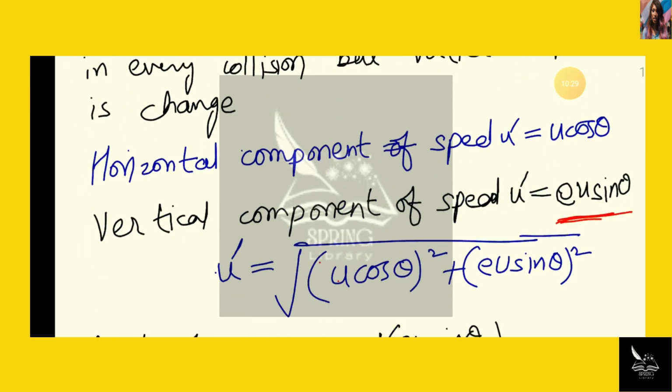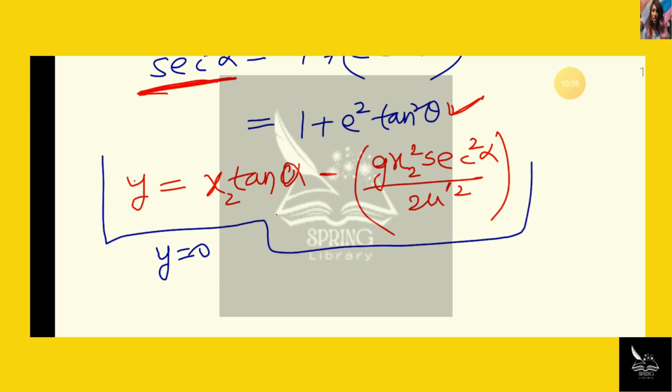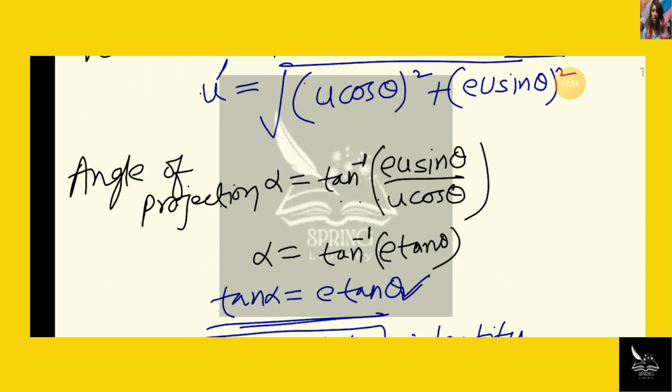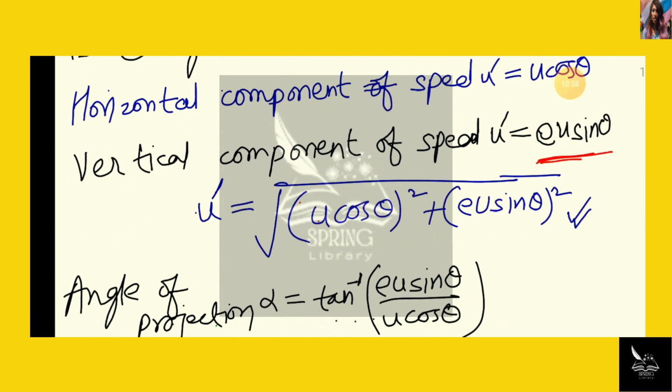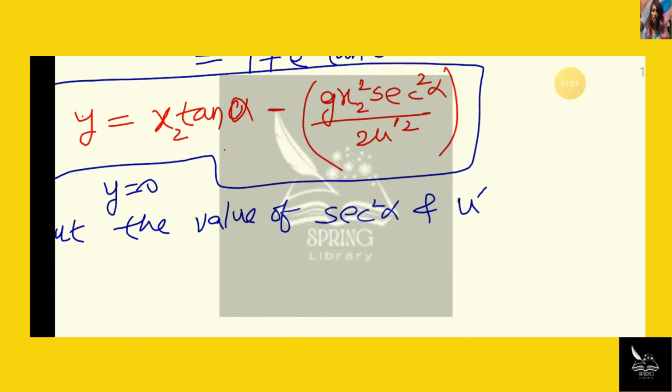So here I am putting the value of y equal to 0 in this equation, and put the value of sec square alpha, and also put the value of u dash which I had written in the above step, that is this value in this equation.